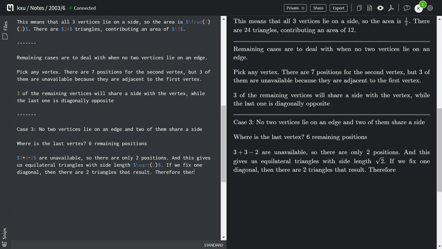So there are 12 times 2, and you may think it's 24 triangles, but in actuality we overcount here, because since each side of the triangle lies on the diagonal of a face of the cube, then basically we can rotate the triangle in order to get the same triangle, but we count it multiple times in what we do here.